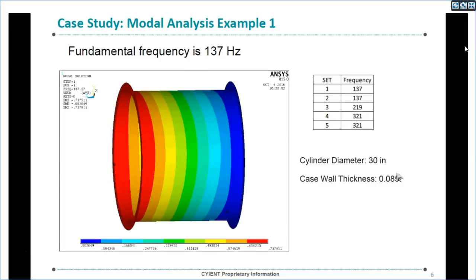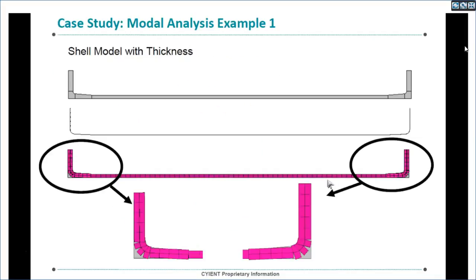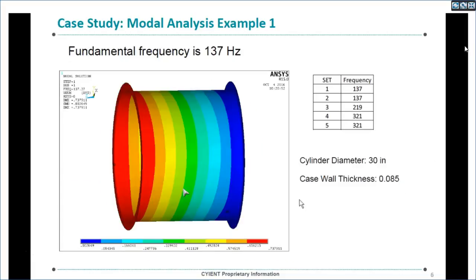What we observed: the geometry is a cylinder with a diameter of 30 inch, and the case wall thickness is 0.08 inch. We extracted 5 frequencies, and we got 137 as the fundamental frequency. The second frequency is also the same, and we got 219 as the third frequency, and 321 for the fourth and fifth, the same again.